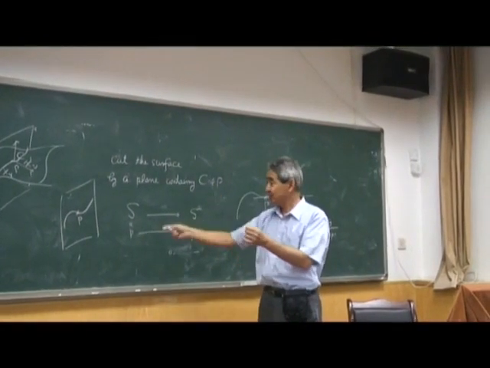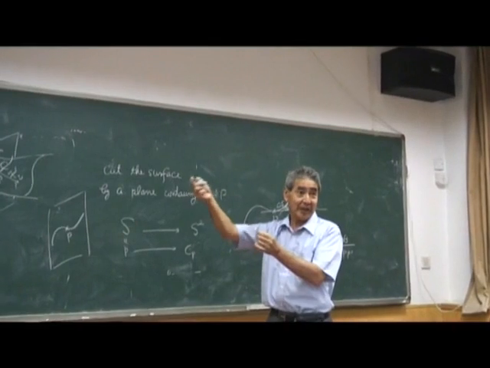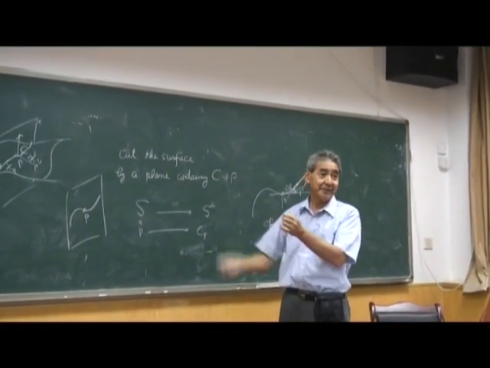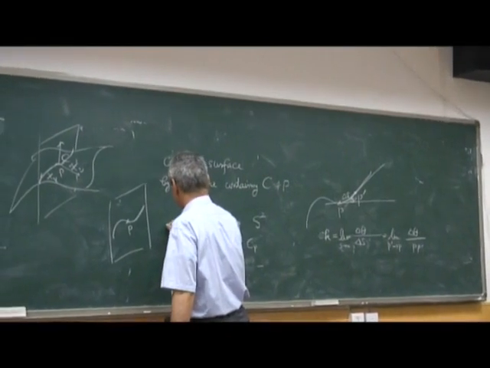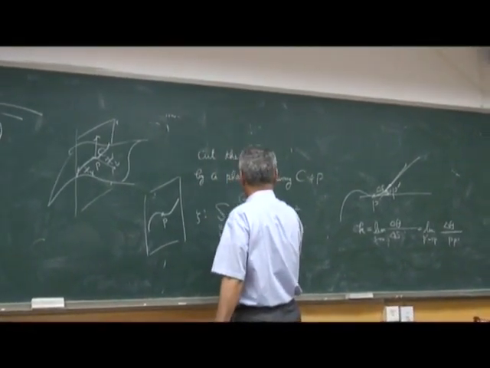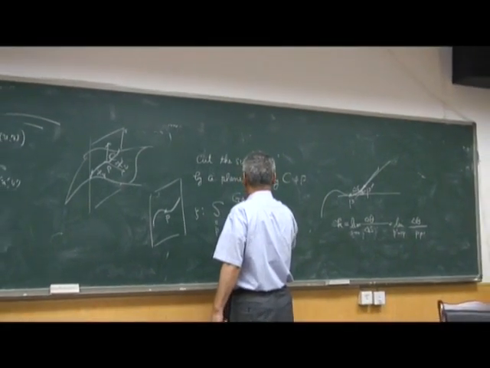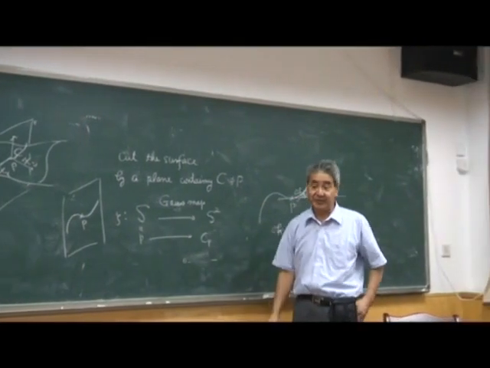So if you change P, then this point moves around. And that's called the Gauss map today, because Gauss introduced this.